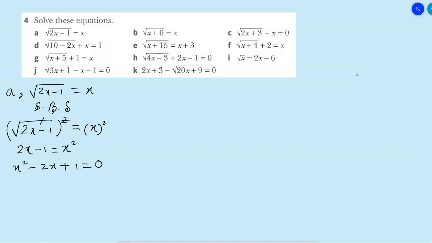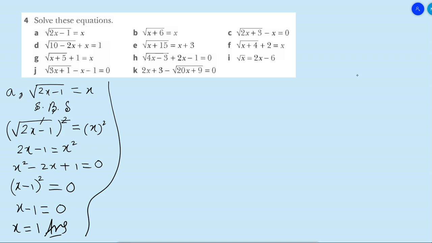So a square minus 2ab plus b square is equals to a minus b whole square, and x square minus 2x plus 1 is x minus 1 whole square is equals to 0. Taking square root on both sides, the square and root cancel, and the square root of 0 is 0, and therefore x is equals to 1. This is our answer of part A.